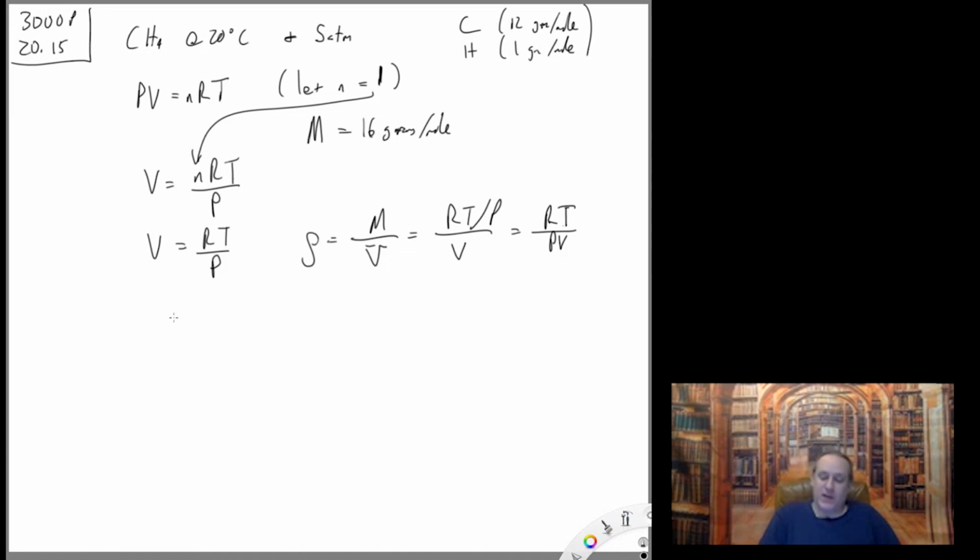So let's work it out. R is 8.31. The temperature is 20 degrees C, and remember we have to turn this into Kelvin, so that would be 293 Kelvin. The pressure is 5 atmospheres, so to put that into pascals, we multiply 5 times 1.013 times 10 to the 5th, the number of pascals in 1 atmosphere.